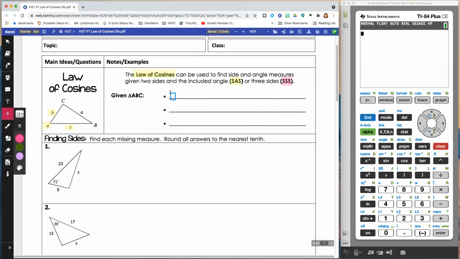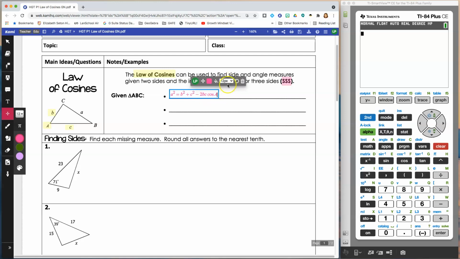Here's what we're looking at: the side length squared is equal to the sum of the squares of the other two side lengths, minus the product of 2 times each of those side lengths times the cosine of the angle that is opposite the side on the other side of the equation.